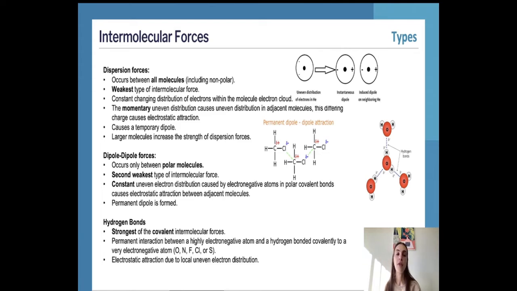But what intermolecular forces do is they attract all of those atoms towards each other due to differences in charges and temporary and permanent dipoles, and that holds those atoms together at various different strengths to create molecules that stick together to then create materials and structures.